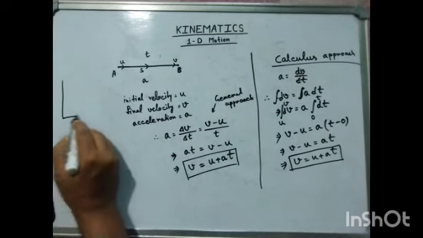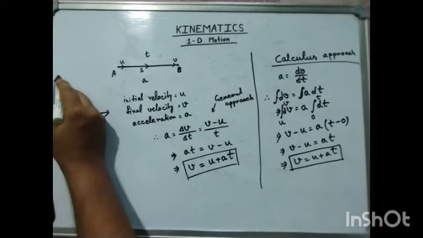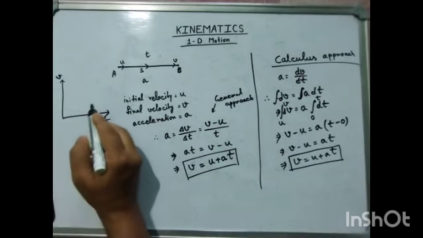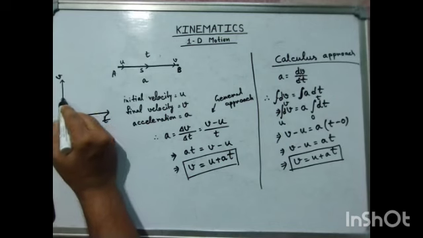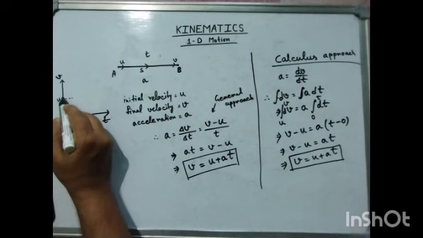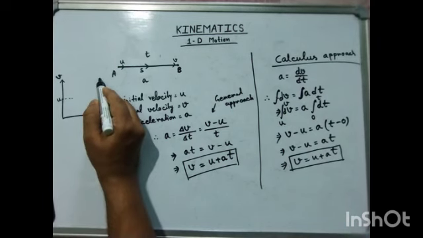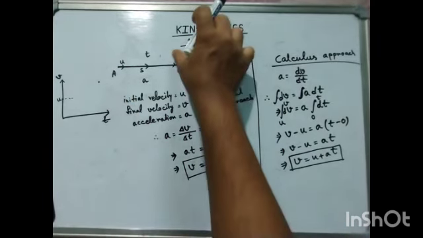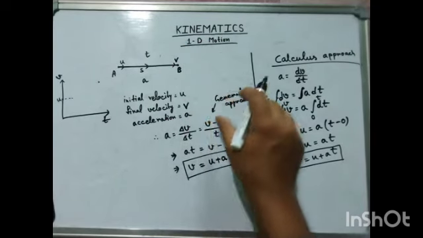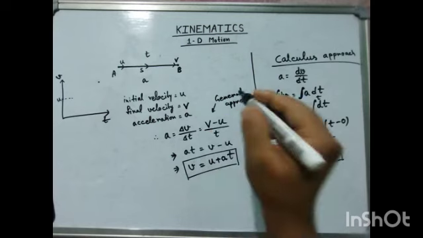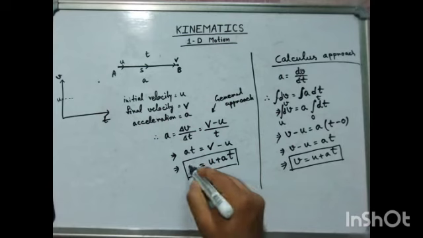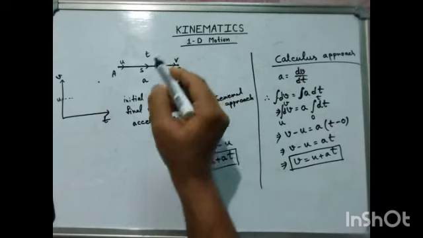Suppose if I draw velocity versus time curve, then at t equals 0, what was the initial velocity? It was u, and suppose the final velocity we take as capital V.